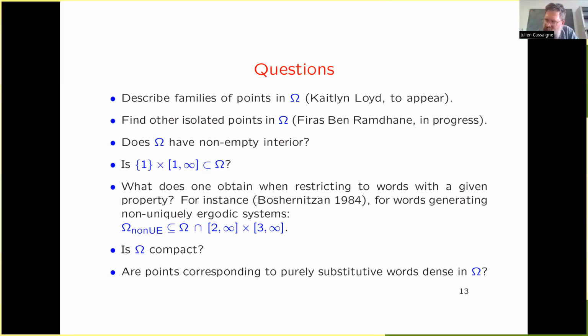Maybe a simpler question of this kind is what do you get if you restrict to words that are uniformly recurrent, or minimal if you prefer. My belief is that this will not change omega, and that all the points can be obtained with uniformly recurrent words, but I don't know how to prove this.